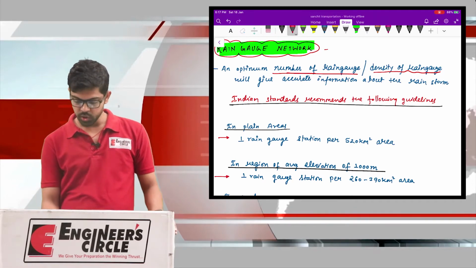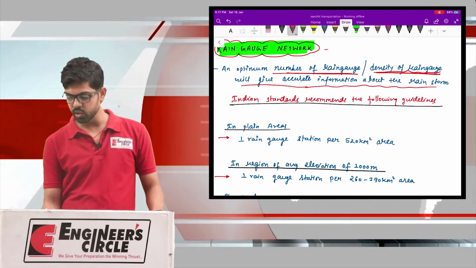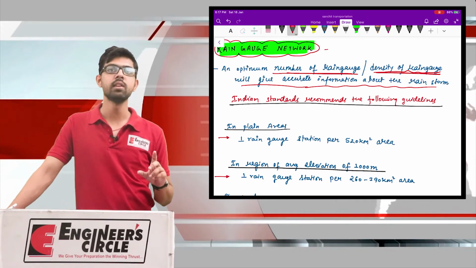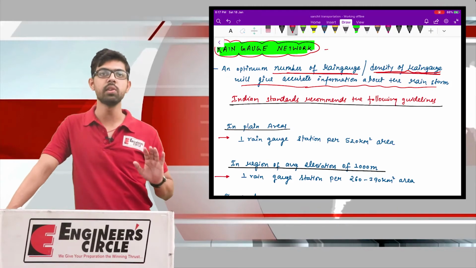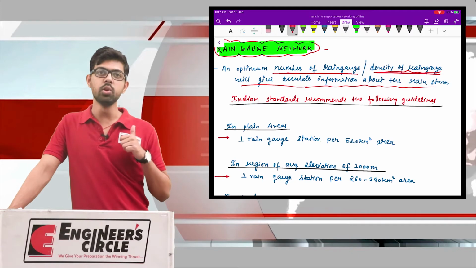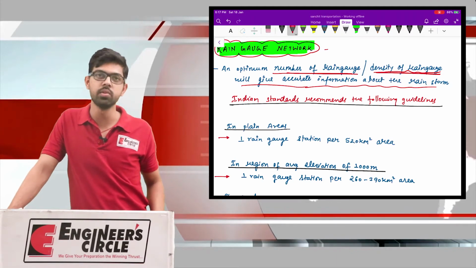This optimum number, or density of rain gauges, will give me more accurate information about the rainstorm. If you follow the guidelines provided for the establishment of the rain gauge network, then whatever rainfall you record will be a more correct representation of your storm data.